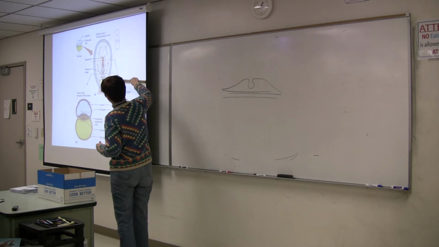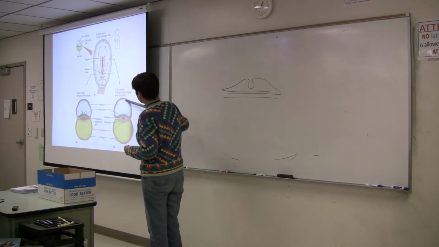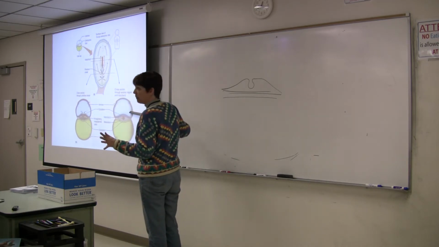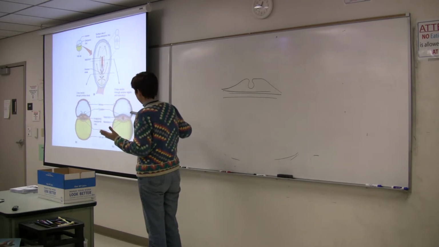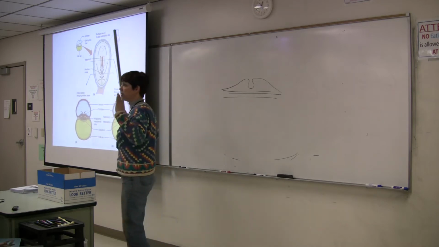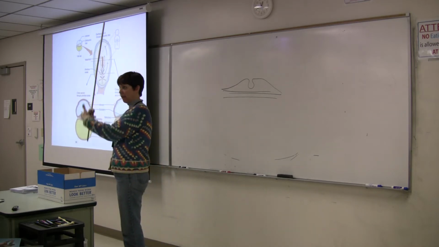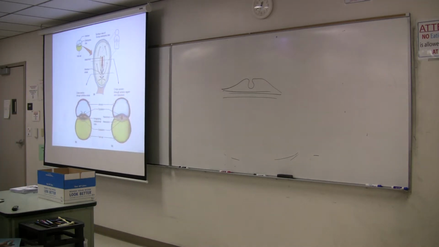The neurotube is progressing in that formation. This structure right here is the amnion. We don't need to know it for now, but if you're wondering what that is, it's how the amniotic sac develops. We're looking at this structure right here, which eventually will fold and fuse to create the gut and the body too.